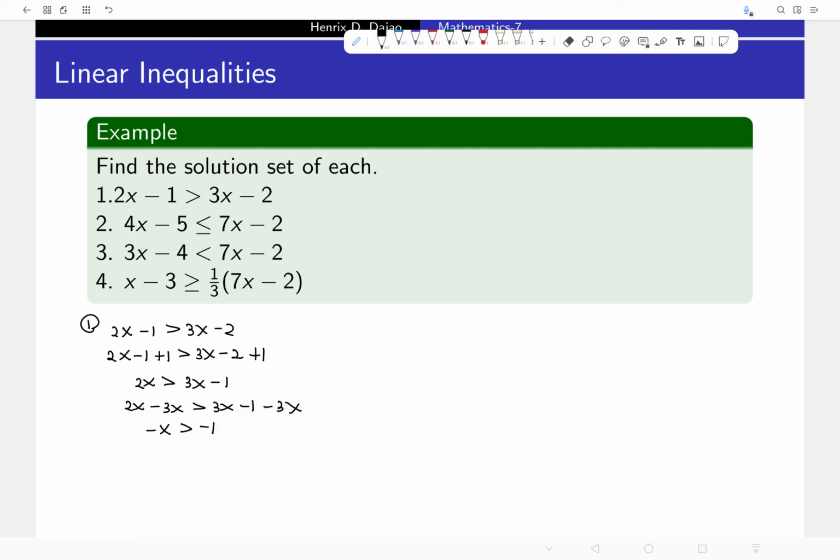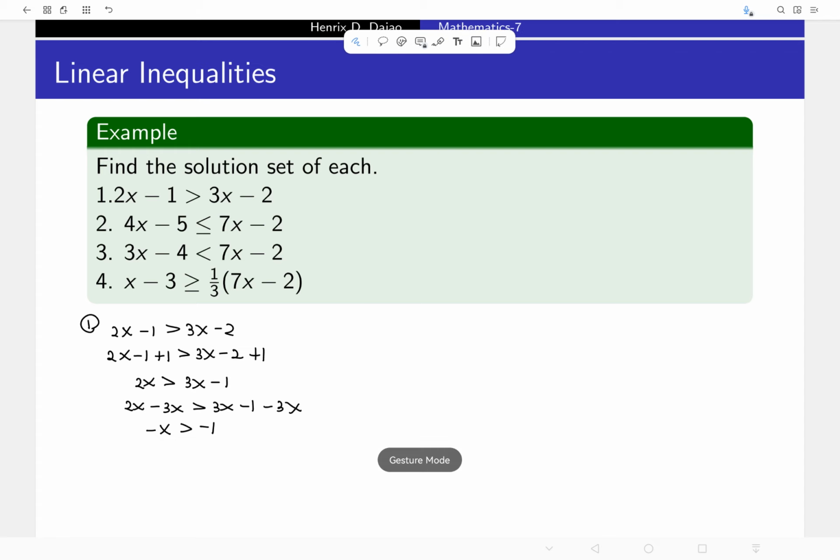And then the objective here is to know the value of x, not negative x. So we are going to remove the negative. So actually this one is negative 1. So we're going to remove negative 1. To do that, we're going to divide both sides, just like equality.